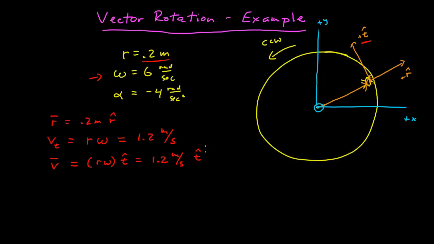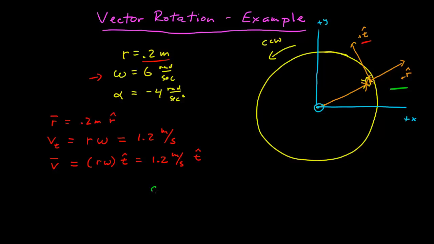Okay, so now let's go to the accelerations. I have a tangential acceleration and a centripetal acceleration, and I want to combine those to find the full acceleration. So first, the tangential acceleration is the tangential component of the full acceleration in this coordinate system.